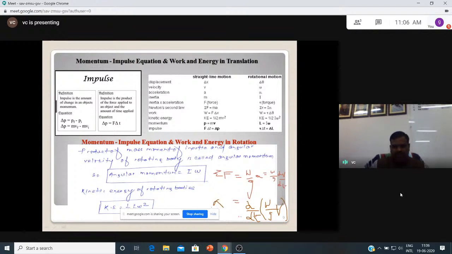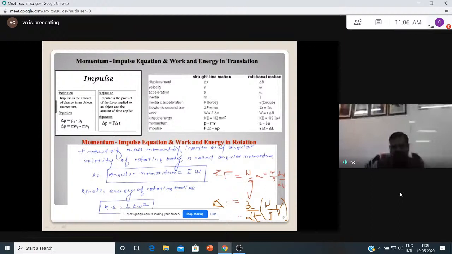This is what we call the momentum, and the change in momentum is the MV concept, final minus initial. This is the rate of change of momentum, and this is the impulse.